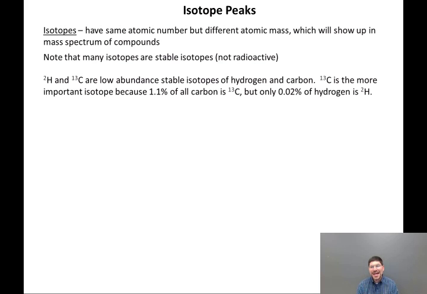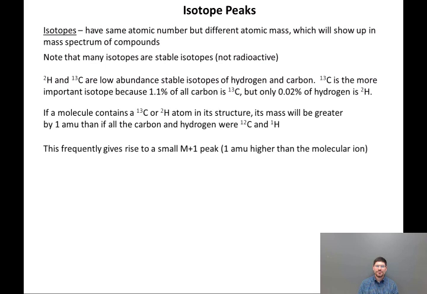Of these two isotopes, carbon-13 is the more important one because it has a greater natural abundance. So 1.1% of all the carbon in the world is carbon-13, but only 0.02% of the hydrogen is deuterium.